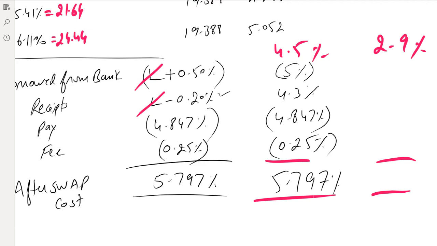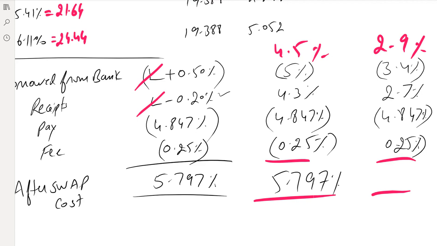We will have to pay 3.4 as 2.9 plus 0.5. We will receive 2.7. We will have to pay 4.847%. Then again the fee, net cost will be same 5.797%. So we have locked our position whether interest rate falls or rises. That's for the B part.